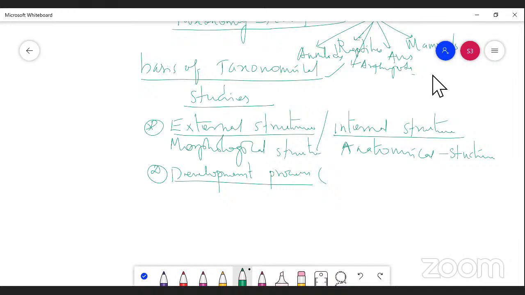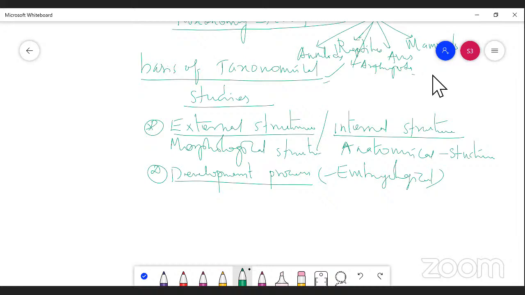Some animals are diploblastic animals. This is embryonic development. Some other characters are behaviors and adaptations to locations. Many characters we should understand, and only then are we going to classify the animals.